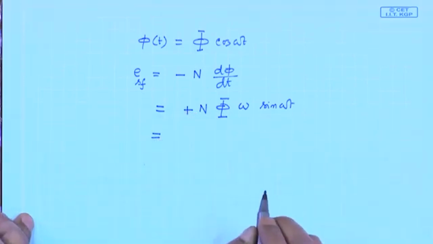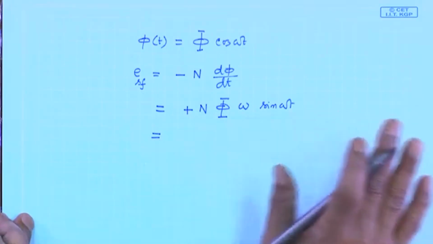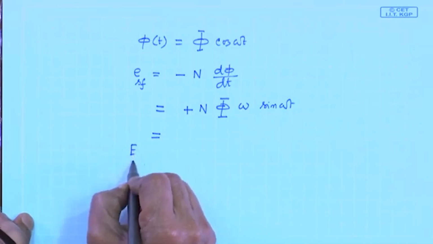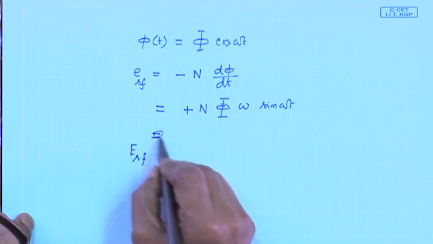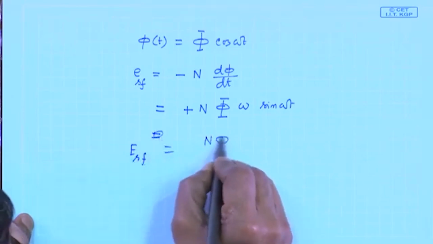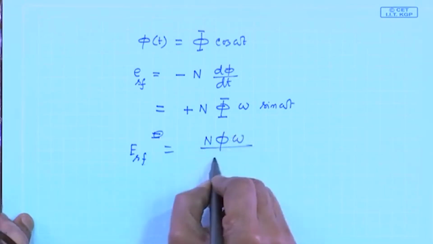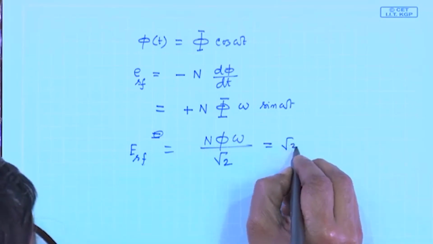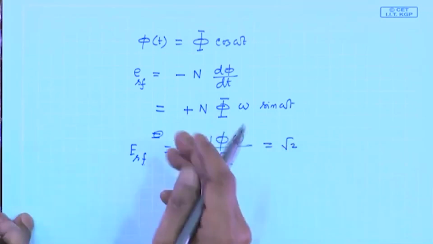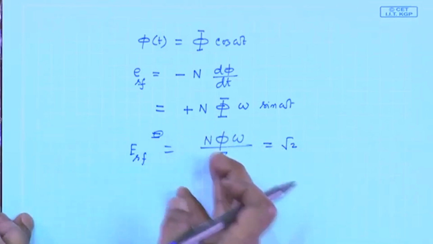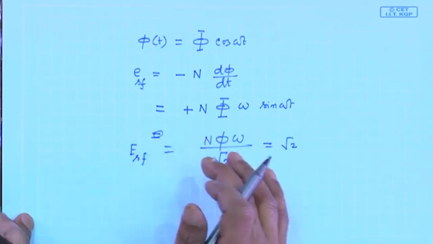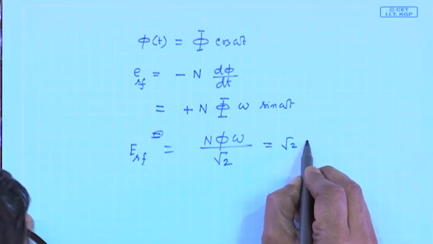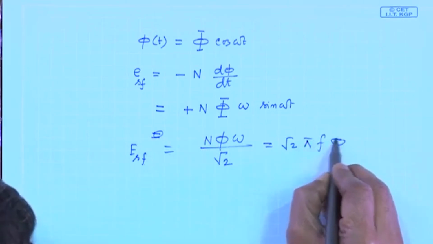This will be the induced voltage, a time varying sinusoidal voltage, nicely it will come, and the RMS value of this will be nothing but N phi omega by root 2, and this will be equal to root 2 pi f flux per pole N, and mind you, this is for a single turn coil.